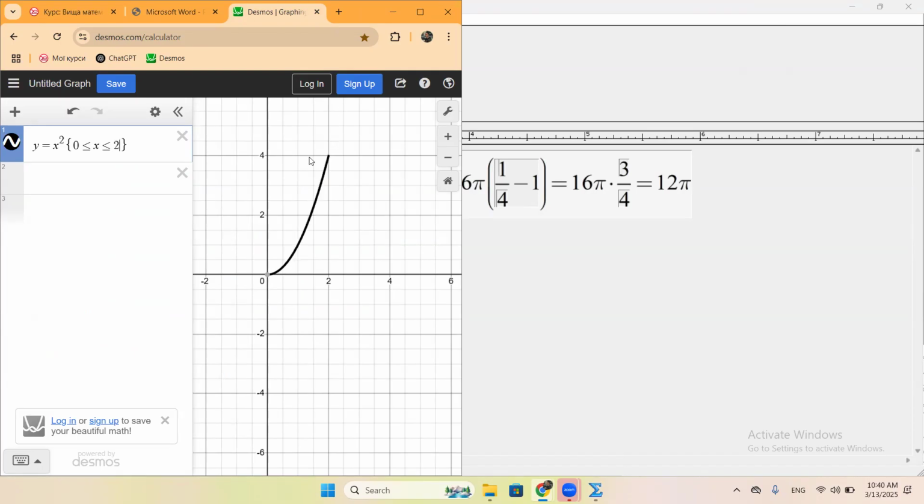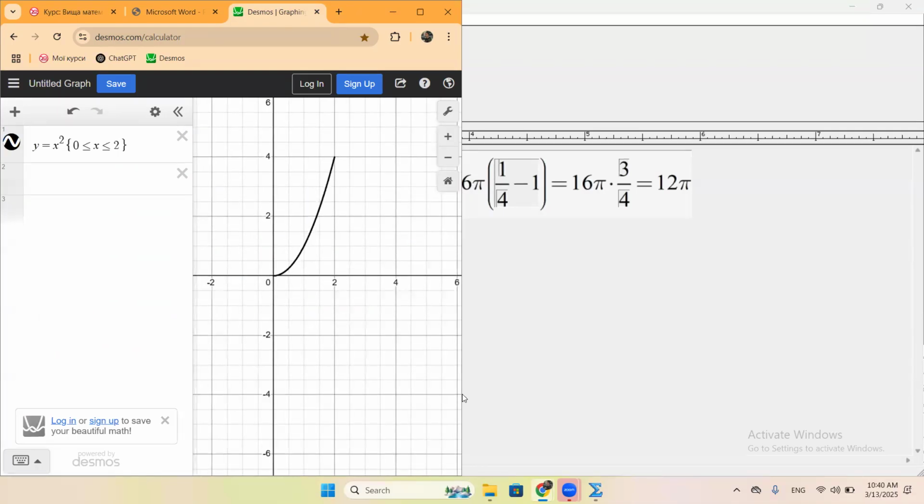So this part of the parabola, and we actually have the following body. So we rotate this figure, and we receive part of a paraboloid, and we have to find its volume. So let's do it.